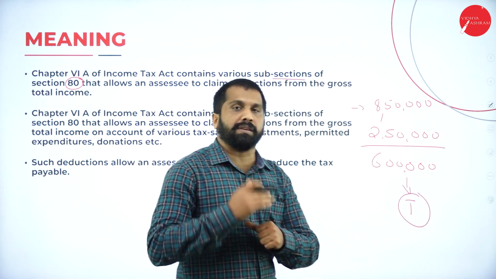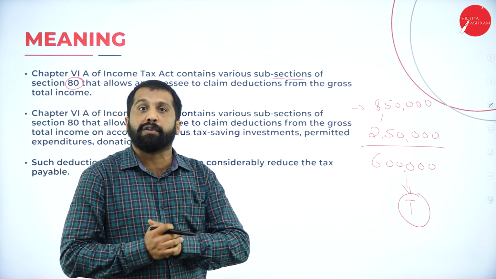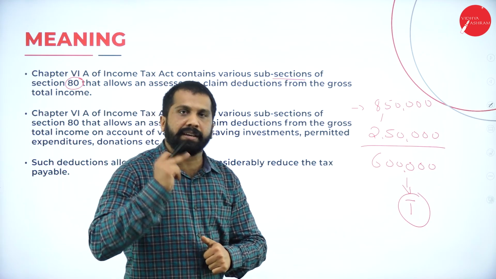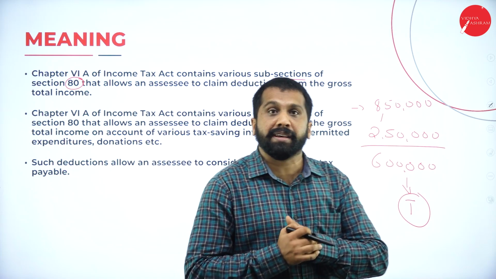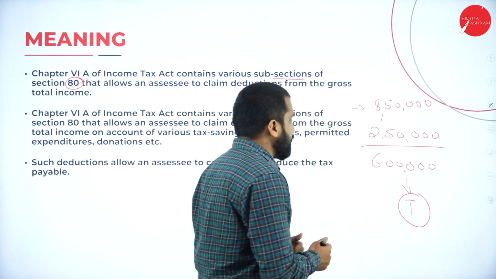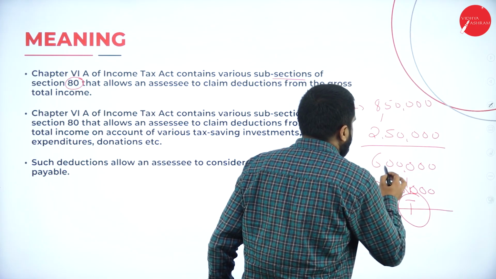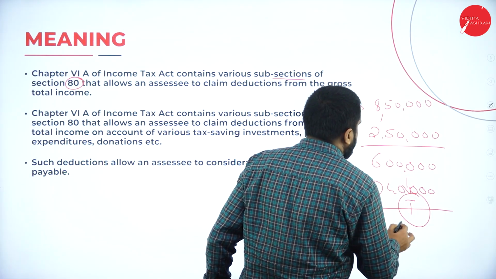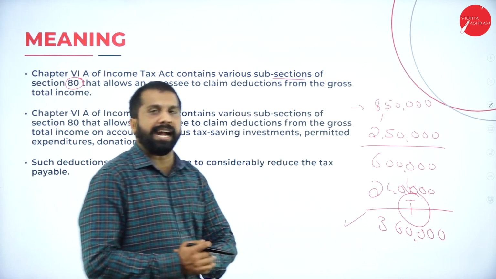That interest per year, how much am I paying? 20 into 12, almost 2,40,000 I am paying as interest. Now, this 2,40,000 you can minus. So, how much are you supposed to pay? 3,60,000. On that you are supposed to pay tax.